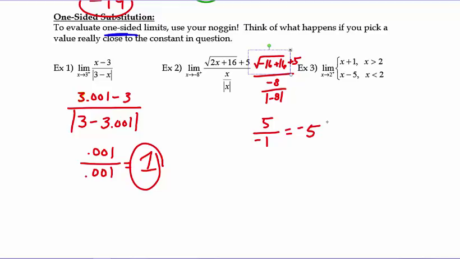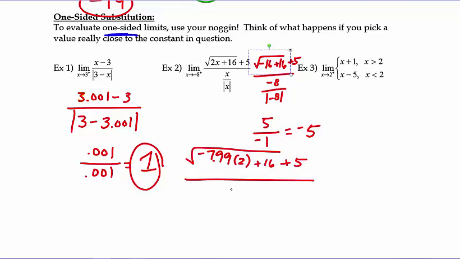Well, okay, now let's try to deal with the fact that it was asked as a sided limit. So if I pick like negative 7.99 times 2 plus 16 square rooted over negative 7.99 over its absolute value, let's see if I end up with the same thing.